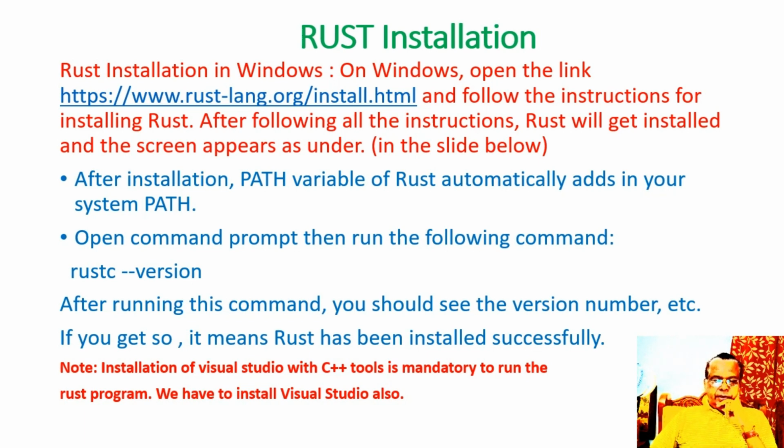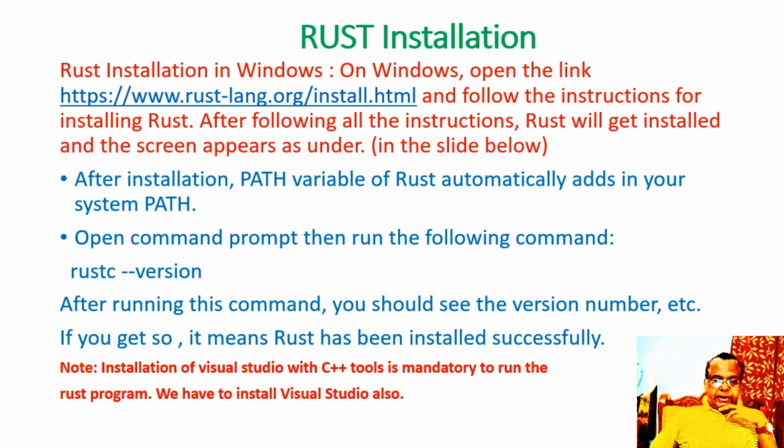Now look. After installation, the path variable of Rust is automatically added to your system path. You don't have to do anything. Next, open the command prompt, then run the following command: rustc --version. Rustc, that is the Rust compiler.